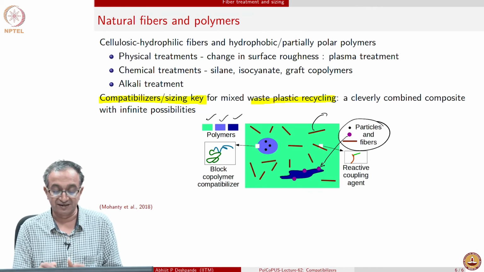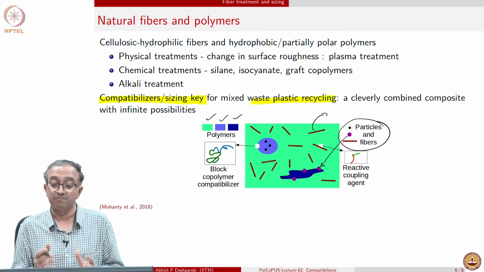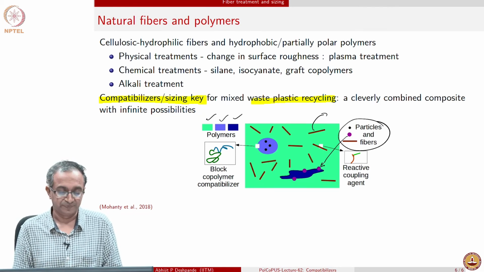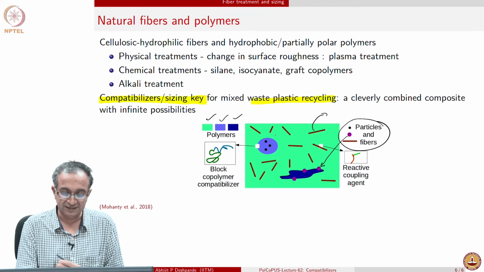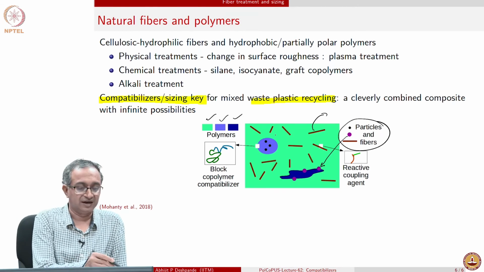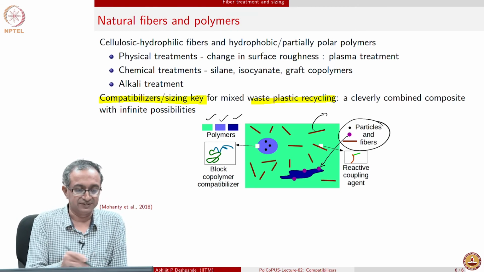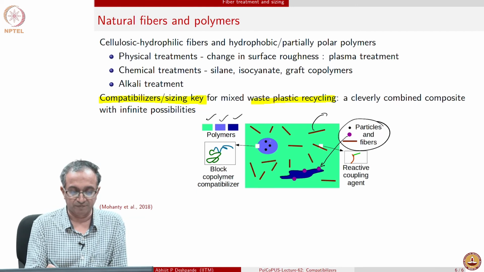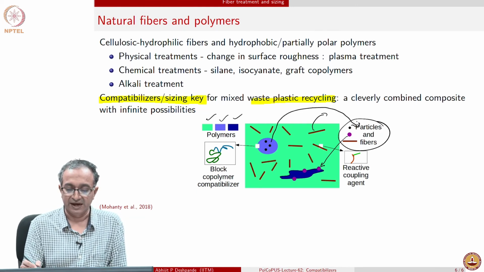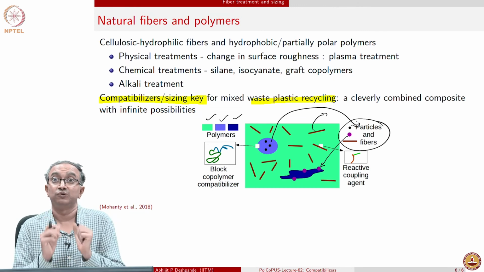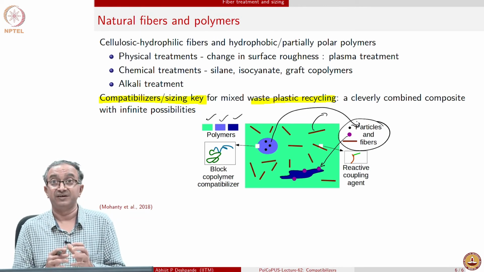So, in this case, green and dark blue polymers can be compatibilized using a particle. We could also have other sets of particles which are again acting as reinforcing material. So, this set of particles are again acting as reinforcement within the blue polymer.